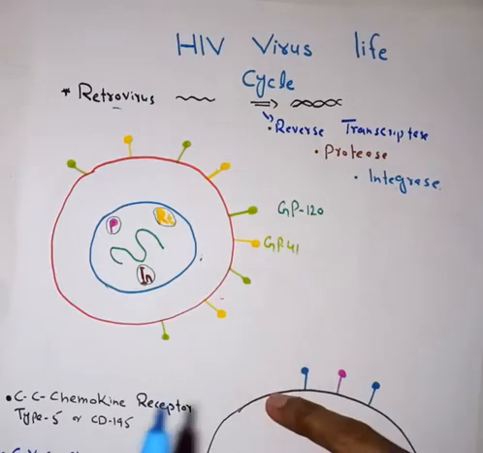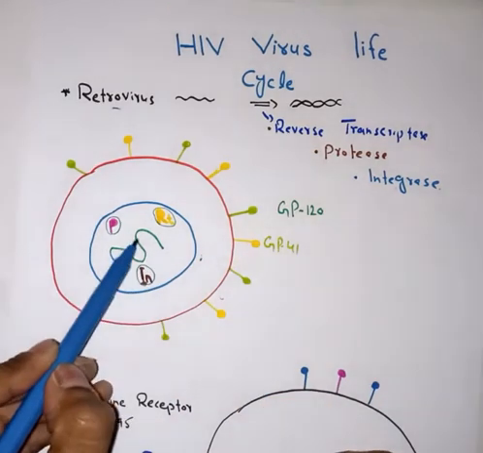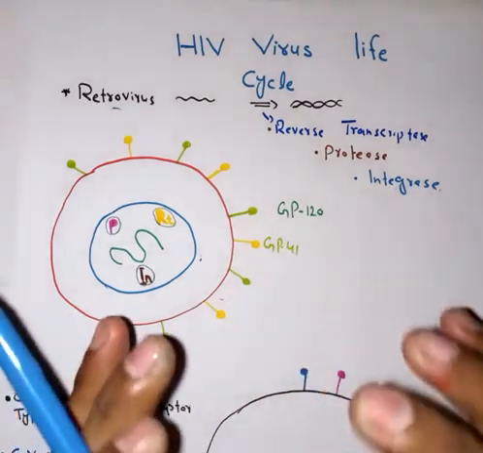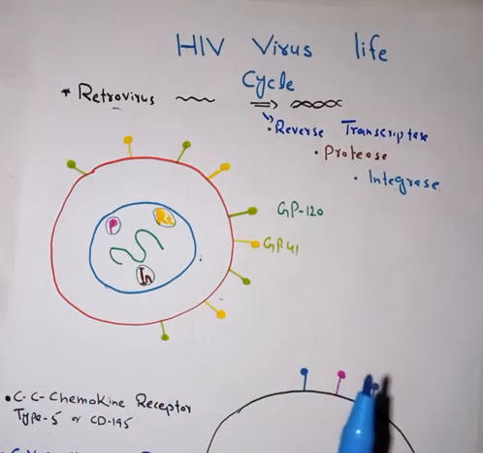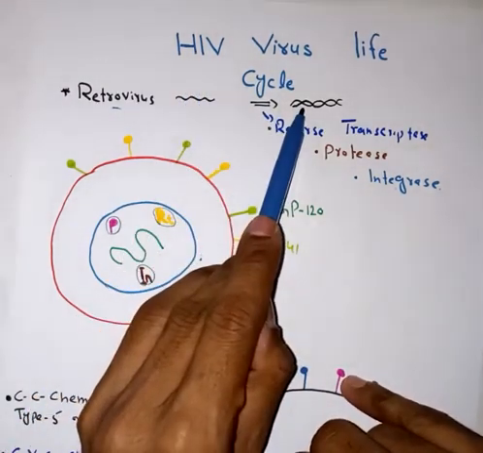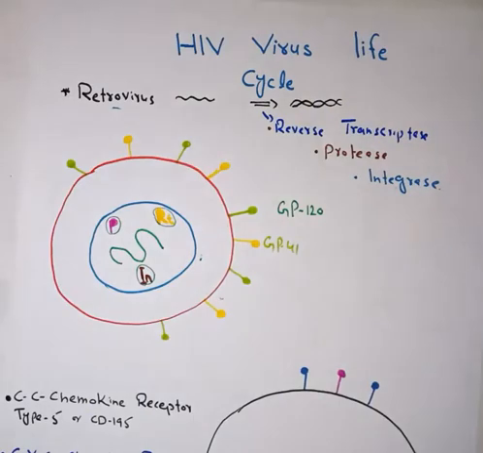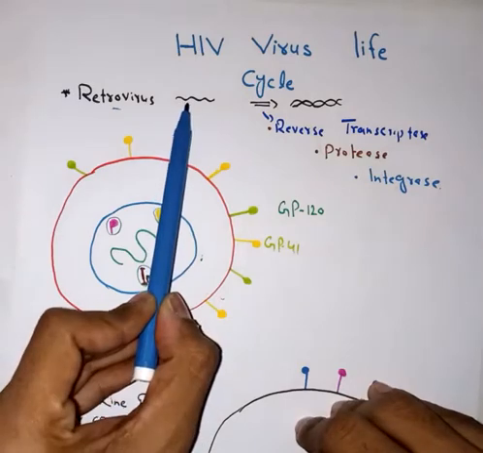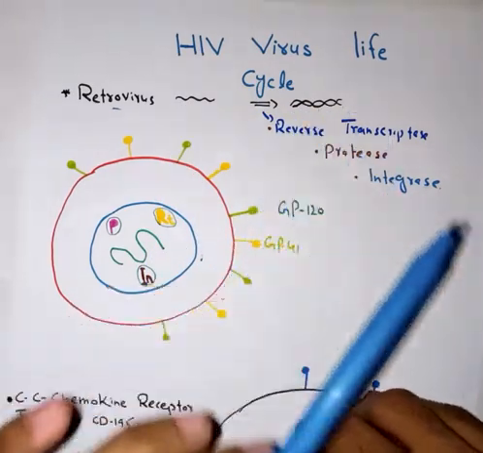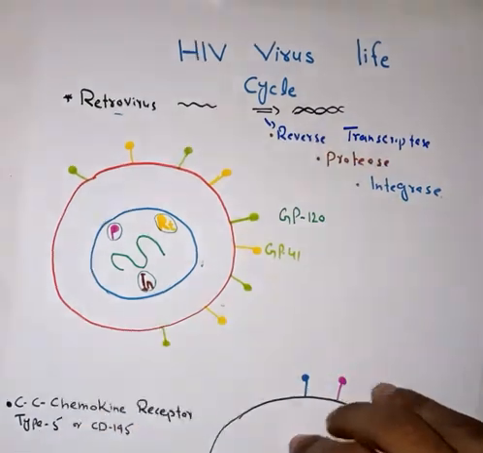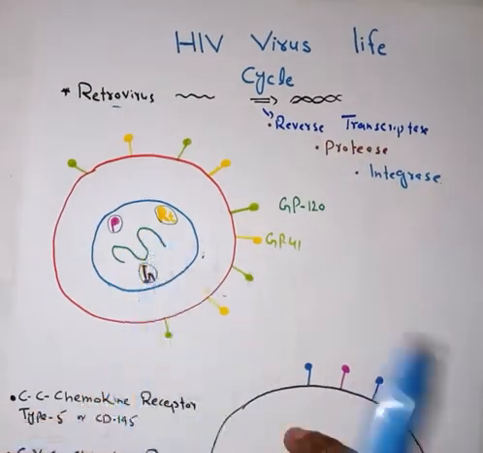Retrovirus means the original genome of this virus will be single stranded RNA. Okay, here you can see a single stranded RNA will be the genome of this virus. But during some stage of its replication inside the host cell, this single stranded RNA will be converted into double stranded DNA. Okay, and for this process, conversion of this RNA into DNA, a very important enzyme that is called as reverse transcriptase will be present inside the HIV virus.